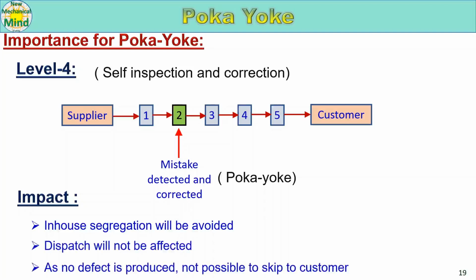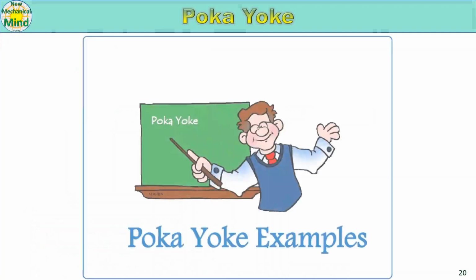As no defect is produced, it is not possible to skip to the customer. In some cases, if we produce a not okay part, sometimes it will be mixed with okay parts and will reach the customer. Then customer complaint and customer rejection PPM will be booked on our company. These impacts will be eliminated by implementing a Poka. This is the importance of Poka.